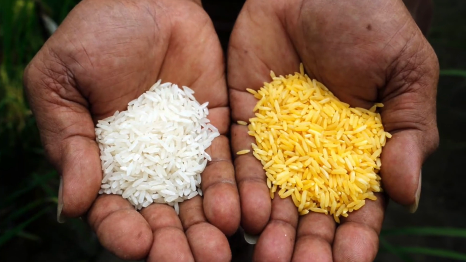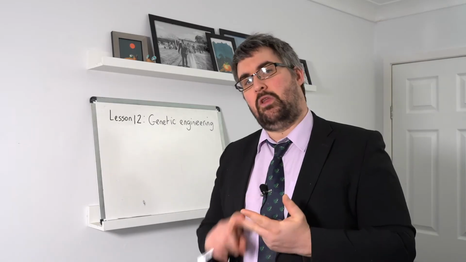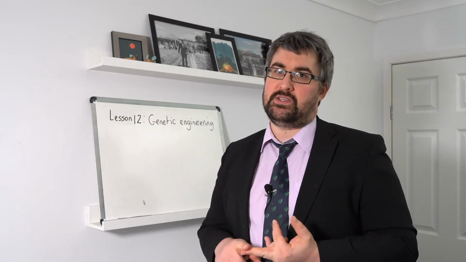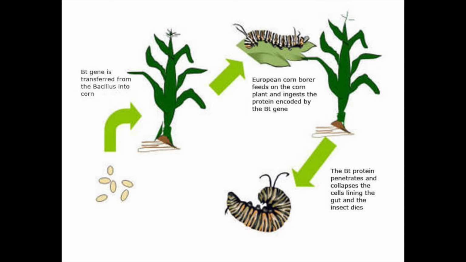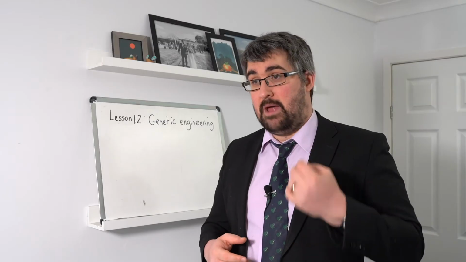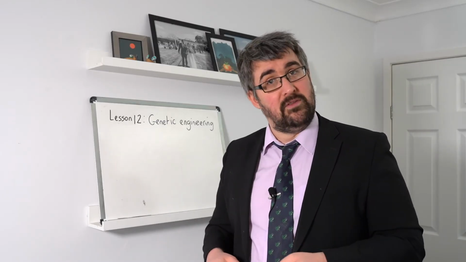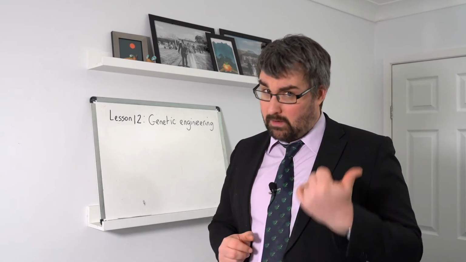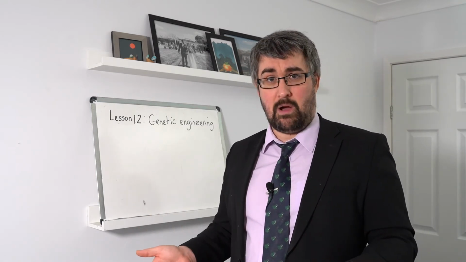Not only can we make crops more nutritious and give more food, we can also make them pest resistant. That means we don't have to use expensive and environmentally harmful pesticides, because our crops will be able to resist and potentially kill any pests that want to feed on them. We can make them herbicide resistant as well.